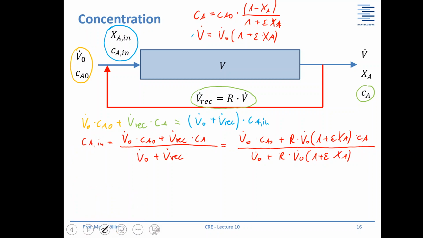Then we can simplify it a little bit. In every term you have your V dot 0, so this cancels out. And the next thing that we can use is that we already know this value for Ca, so we can insert Ca here.